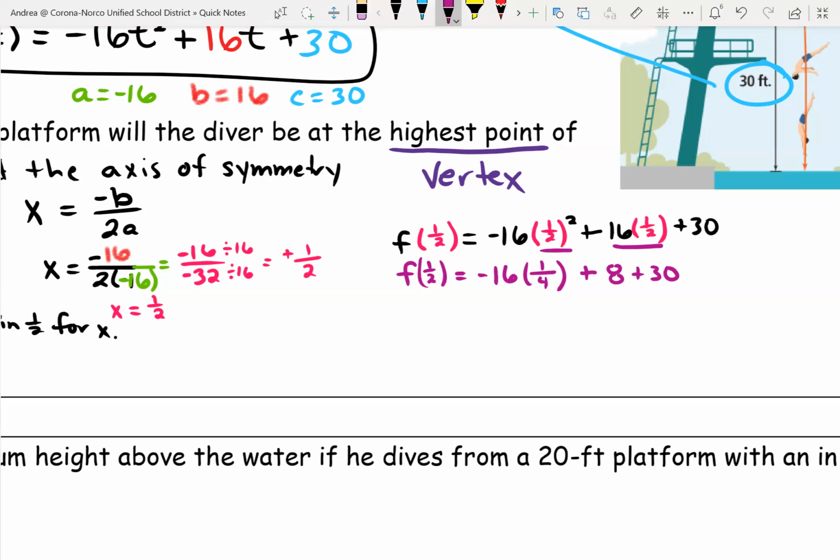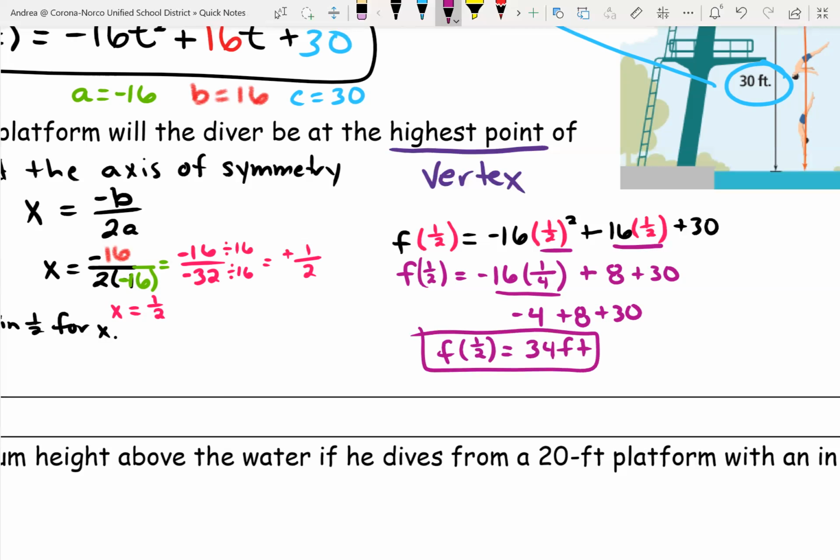Then again, when you deal with fractions, this is not scary. Fractions just mean division. So it's 16 divided by 4, which is 4, right? So it's negative 4 plus 8 plus 30. So f of 1/2 is equal to 34. This is feet.